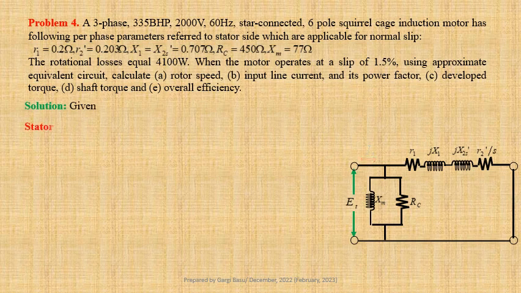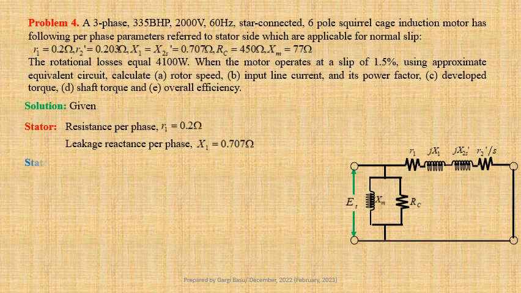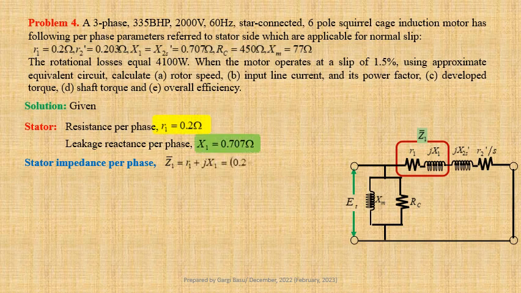For stator winding, resistance per phase R1 equals 0.2 ohm and leakage reactance per phase X1 equals 0.707 ohm. Expression for stator impedance per phase Z1 equals R1 plus jX1 equals 0.2 plus j times 0.707 ohm.